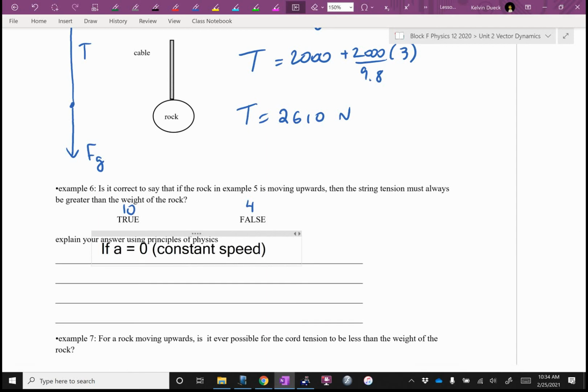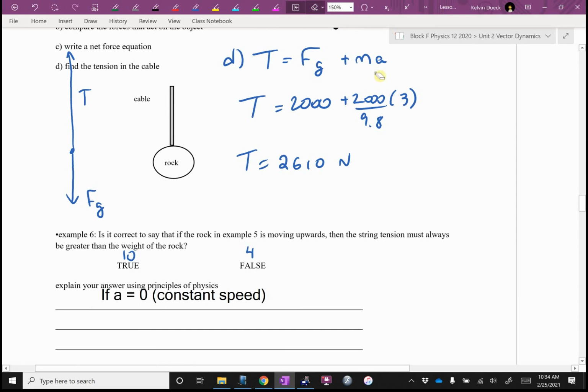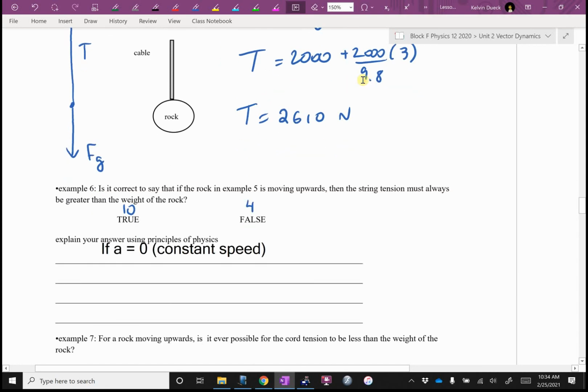What if A was 0? What would happen to this MA right here? What's M times 0? And I would get tension equals gravity, which means tension doesn't always need to be bigger. It can be equal.